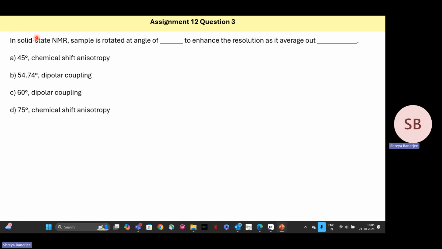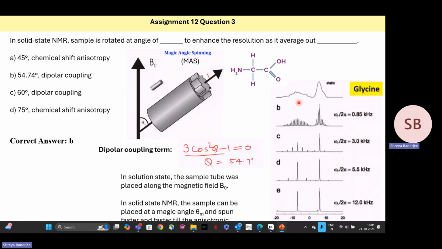Next is a question. In solid state NMR, sample is rotated at an angle of dash to enhance the resolution as it averages out dash. If you remember the concept of magic angle spinning, in solid state, the problem that we just discussed in the previous slide, that because the spins are not able to tumble and average out, we need to put the spins in this kind of a rotor and spin the rotor rapidly so that overall the anisotropic interactions average out.